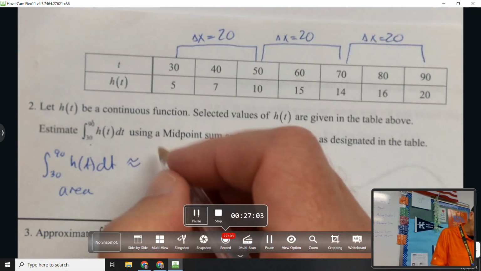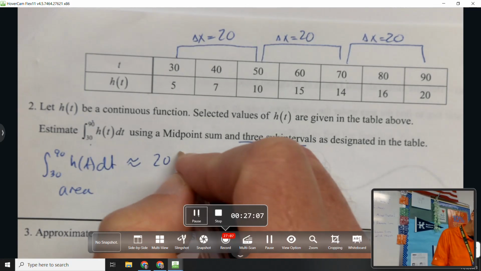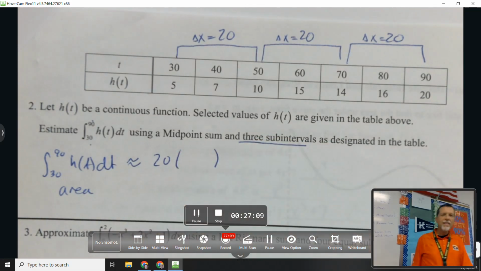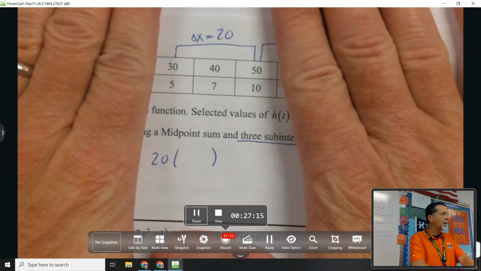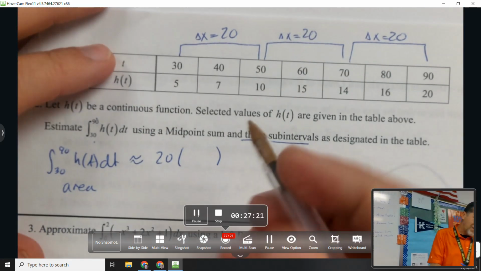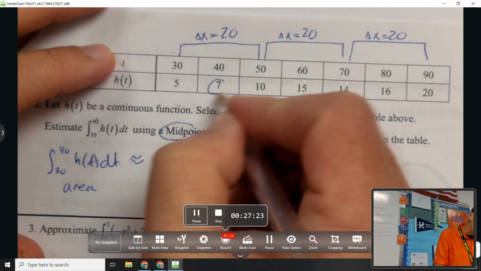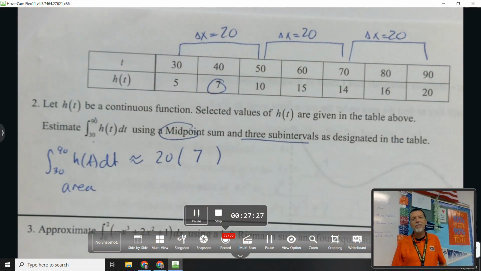So my width is 20, and then what height should I use for that first rectangle? I got 3 options now. What do you think? Why 7? It's the middle one, right? That's why it's called the midpoint sum, because we'll use the midpoint heights. So 20 times 7.